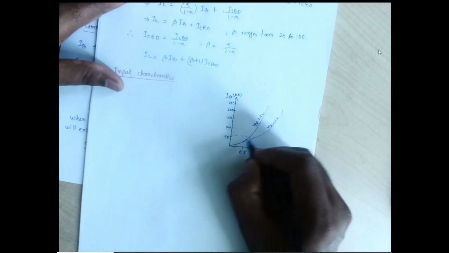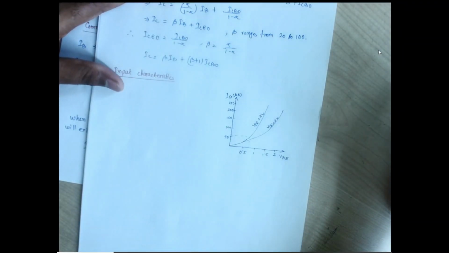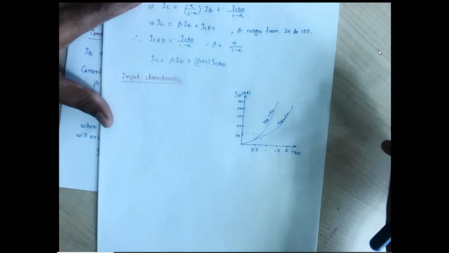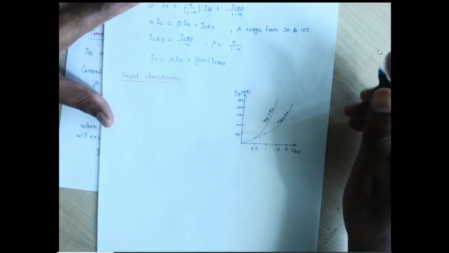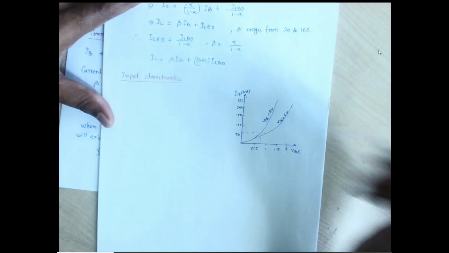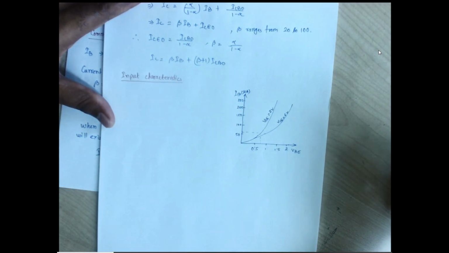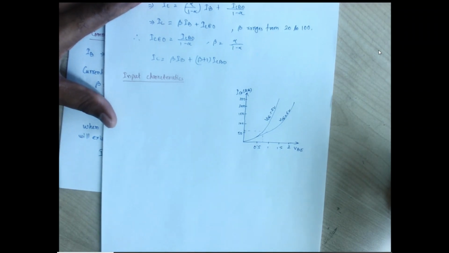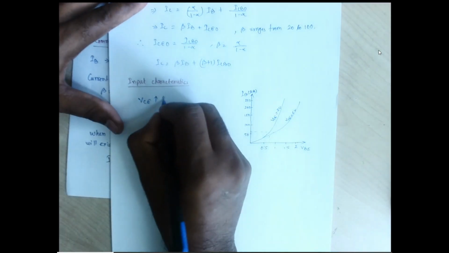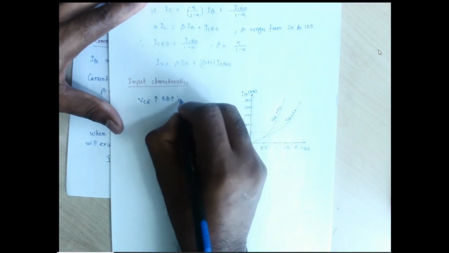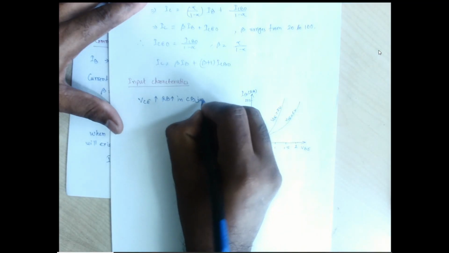So here also the same thing happens. With the increase of VCE, the IB gets decreased because there are very few holes now to recombine with the electrons of the emitter. So every time with the increase in VCE, the IB will decrease, right? Because as VCE increases, reverse bias increases in the collector base junction.